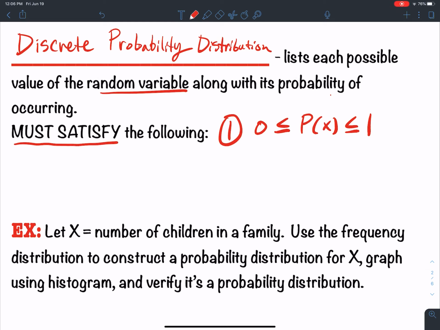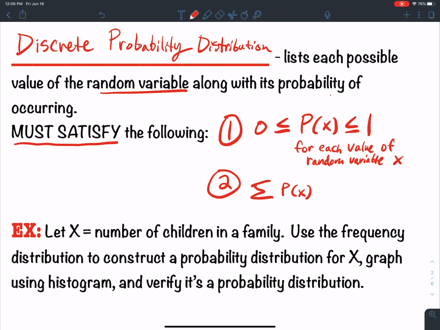This is for each value of the random variable x. Number two, when I add up all the probabilities over all the values for the random variable, it should add up to 1.